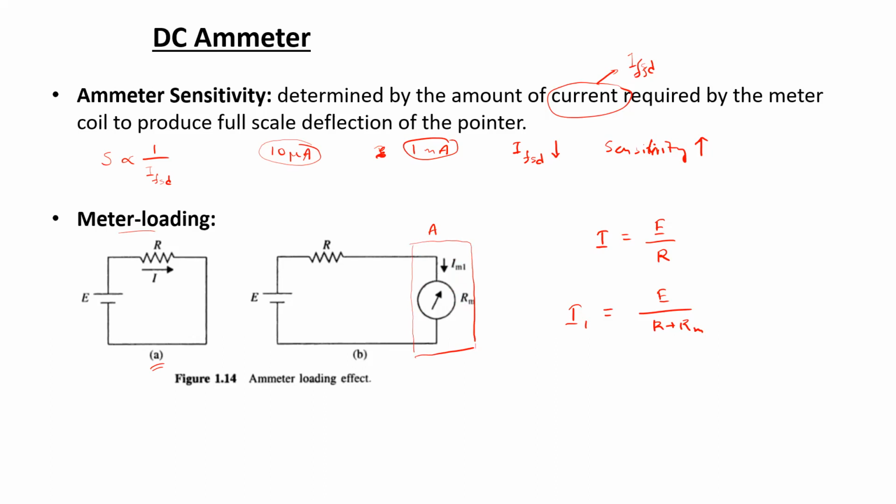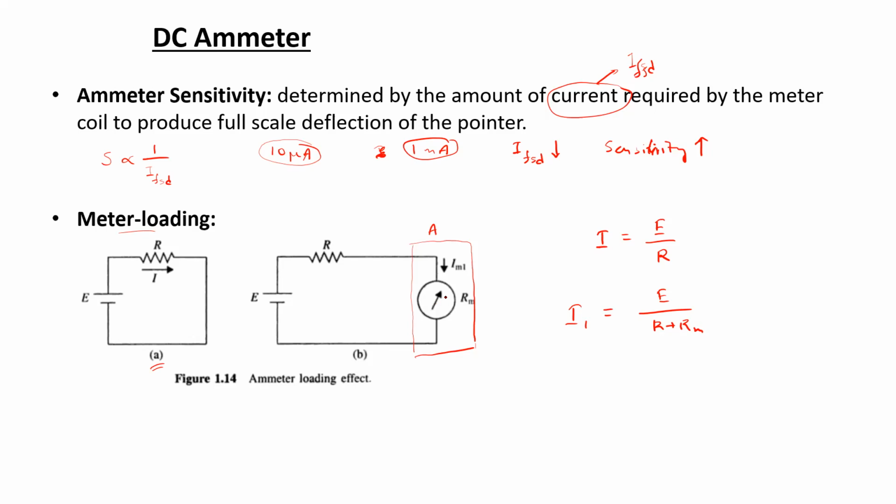But in general, as it is representing an ammeter, the effect of the shunt resistance would also be present over here.